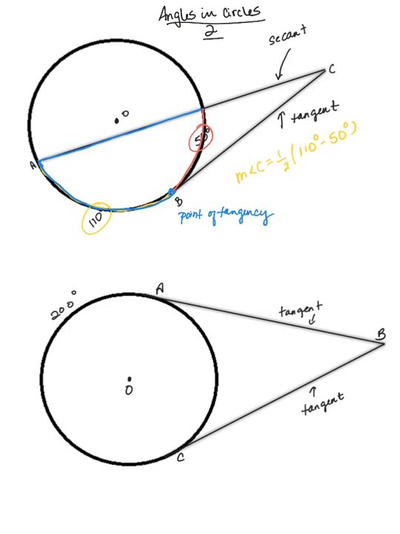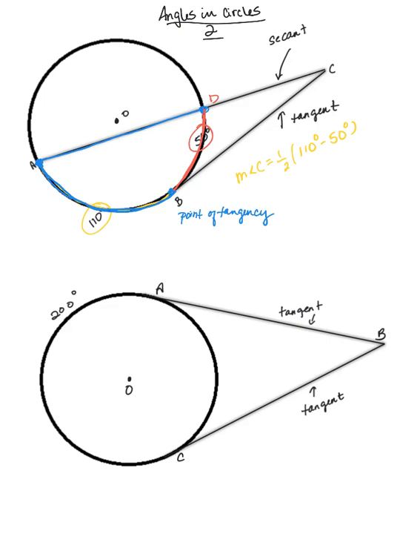So you're going to follow the secant, and then you have the part going from the further end point away from C over to B. That's the major arc. And then when you go from B over to, let me give this point a name, D, that's the minor arc. And that's how you would find the measure of angle C.